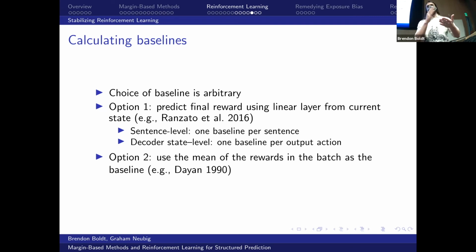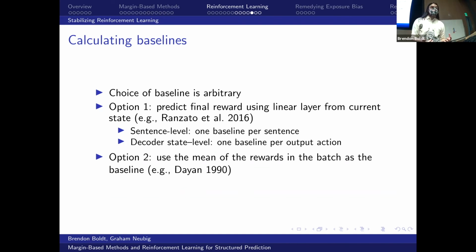If you are looking at the individual elements as being their own actions, then you can do this at the sentence level and apply this one baseline for each of these actions. Or you could also do this at the decoder state level, and at each place in the decoding process, you can be predicting an incremental baseline.